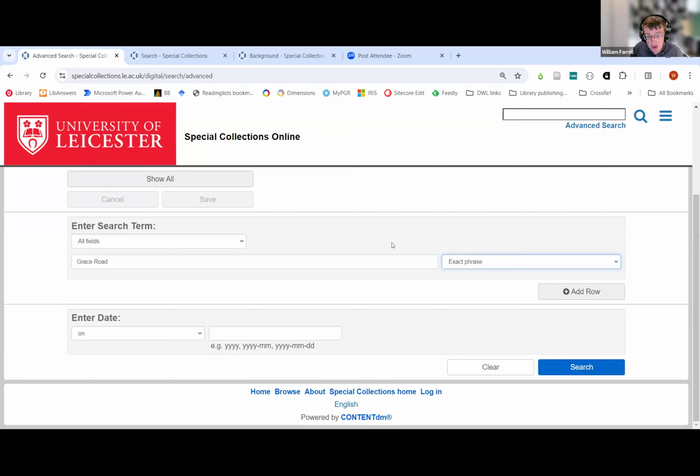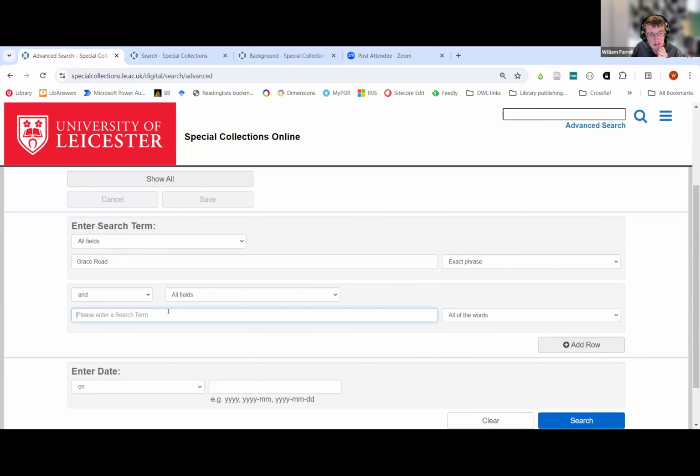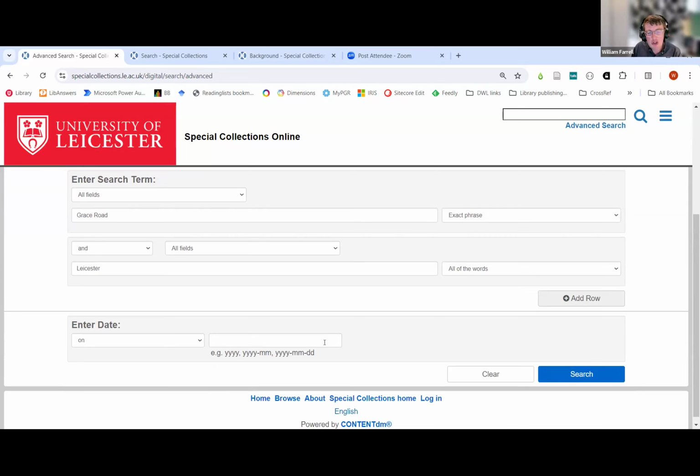If you're looking for a particular street or place in a city, you've got 2 options. So do the name of the street. You can try it as a phrase or without. You could then add the city or the town here. So it is a street in Leicester, so I'm going to add it. But you could wait until you get your search results back and then use the filter by place instead.